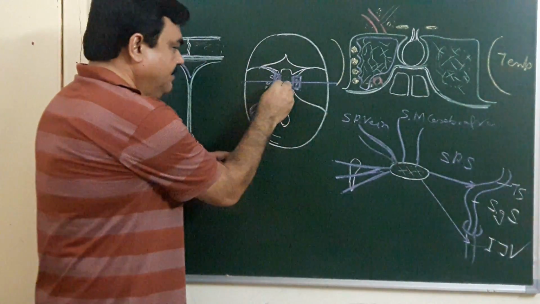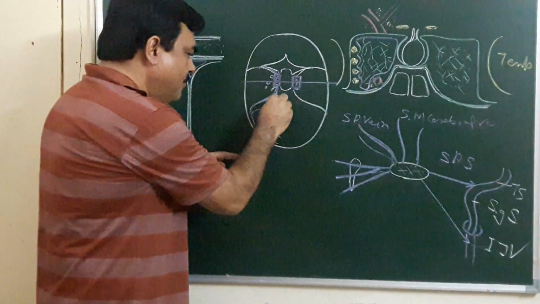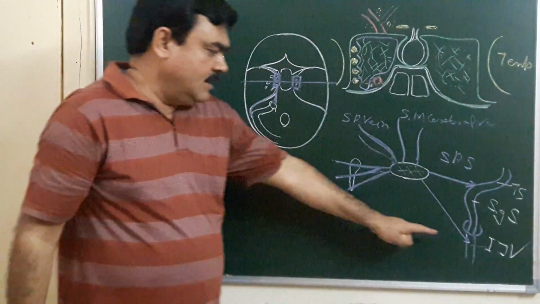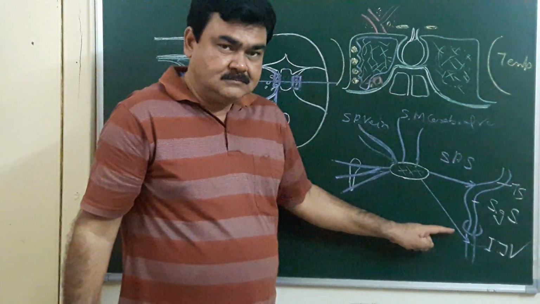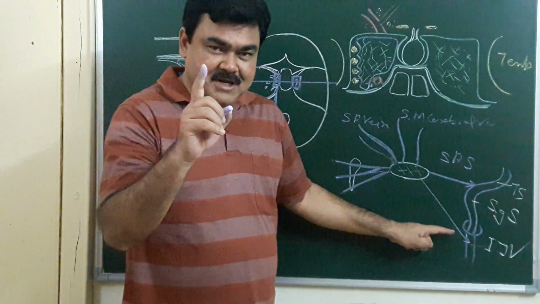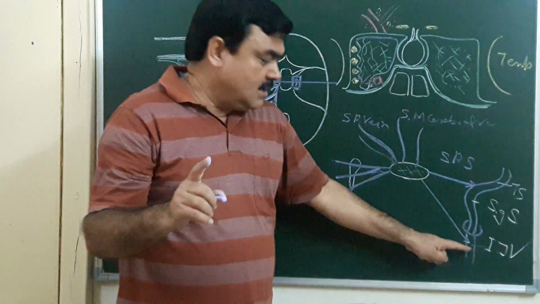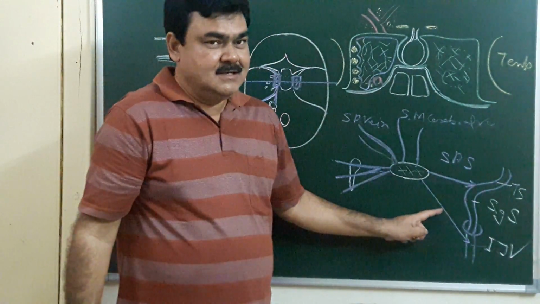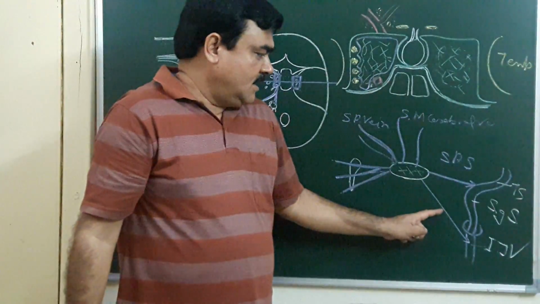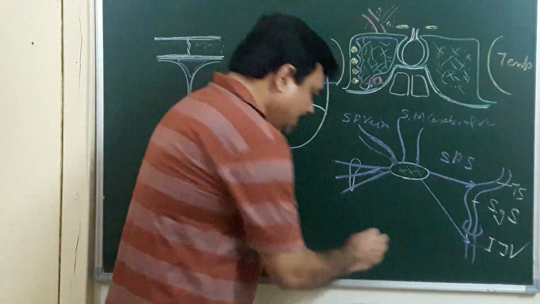Another important thing: the first tributary of the internal jugular vein is the inferior petrosal sinus. This is important.